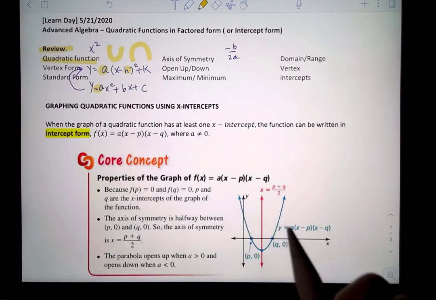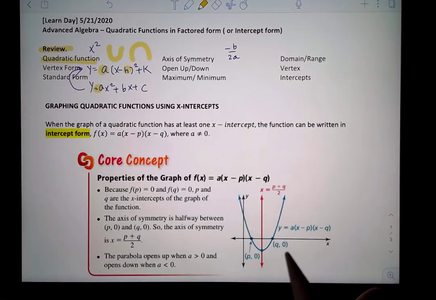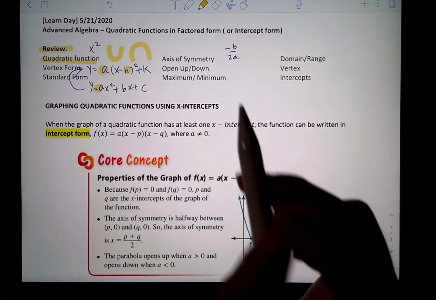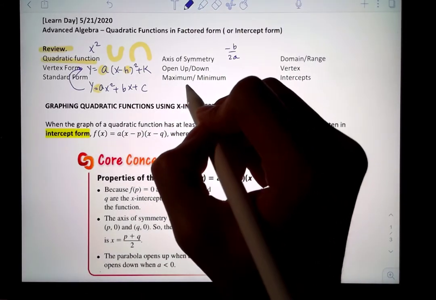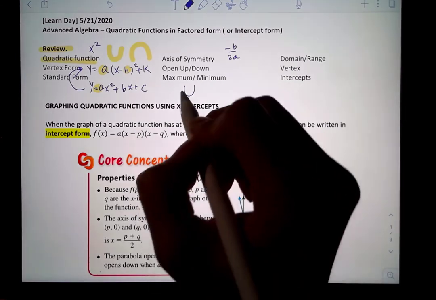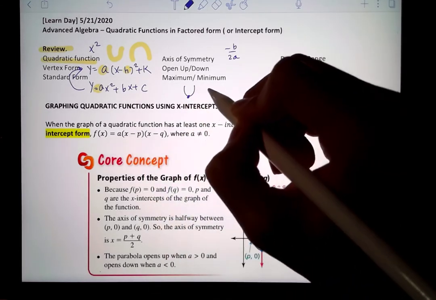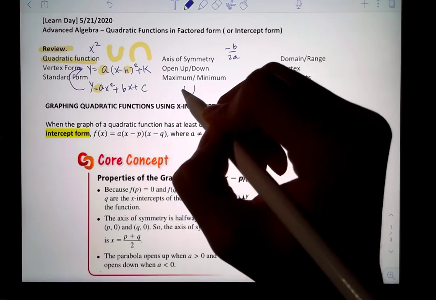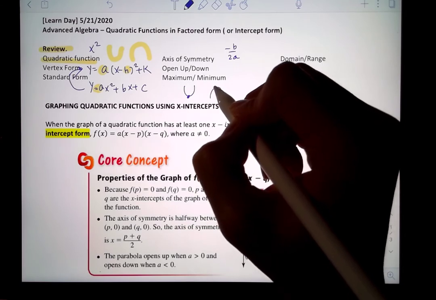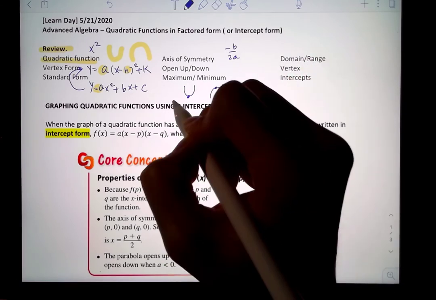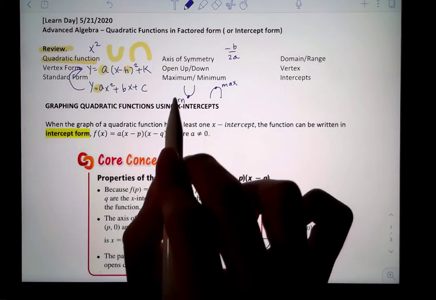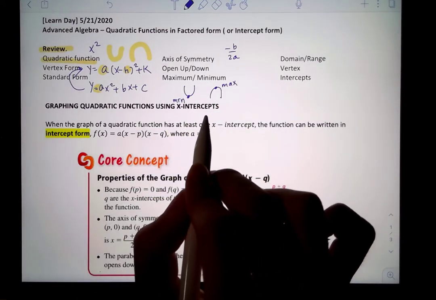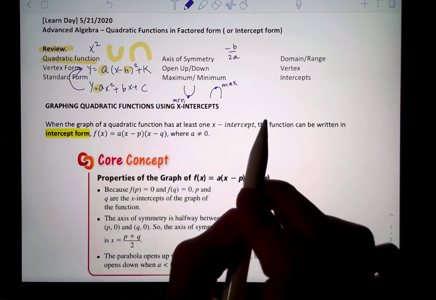If a is positive, it opens up. If a is negative, then it opens down, right? And maximum or minimum depends on the shape. If it opens up, then you get a minimum. If it opens down, then you get a maximum. The y value of the vertex will be your maximum or minimum.